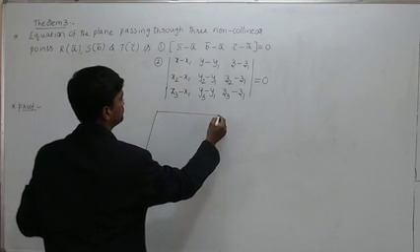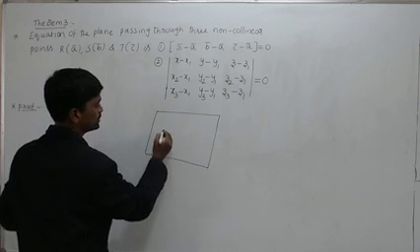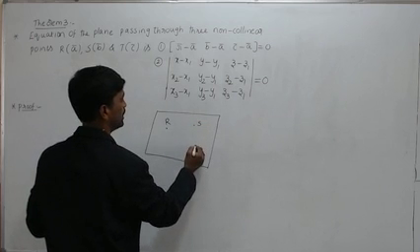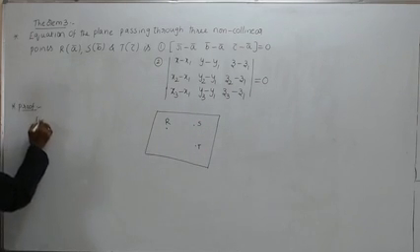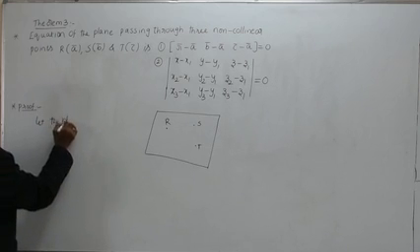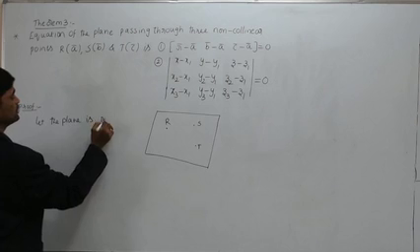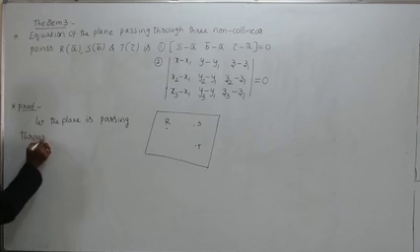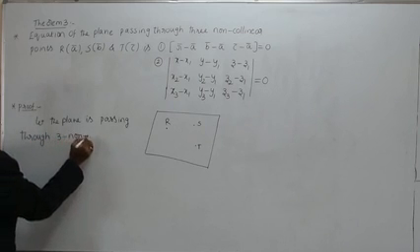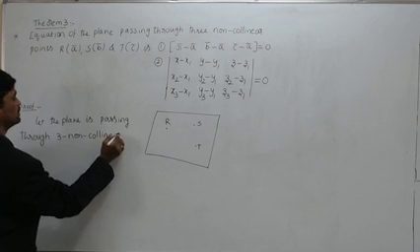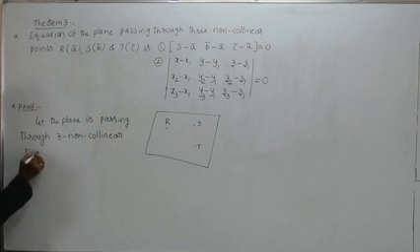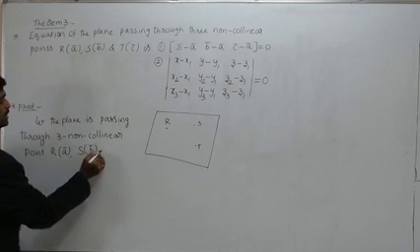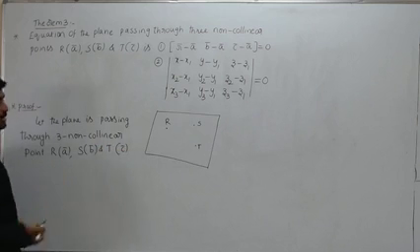So this is the plane. This plane is passing through three non-collinear points R, S and T. So let the plane be passing through three non-collinear points R whose position vector is a bar, S whose position vector is b bar and T whose position vector is c bar.